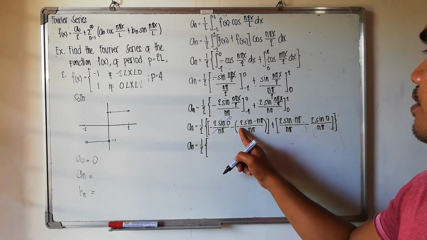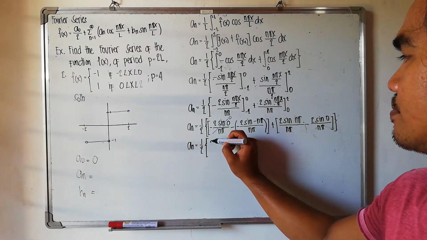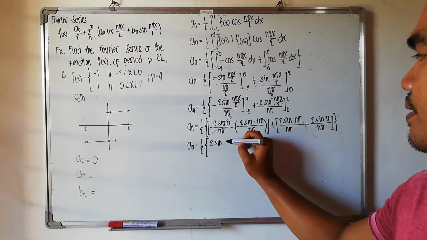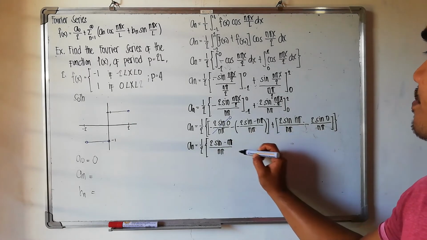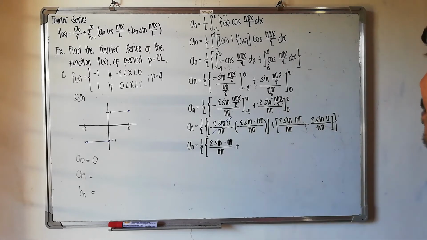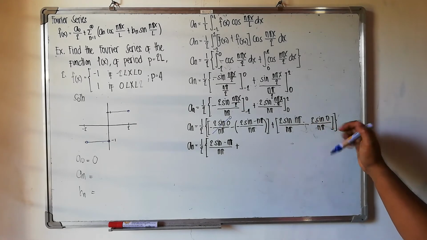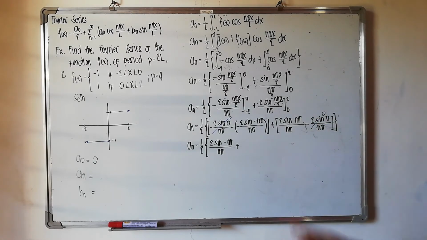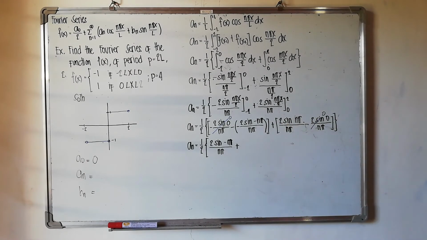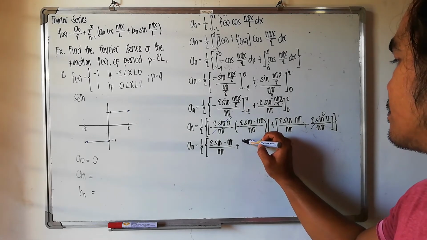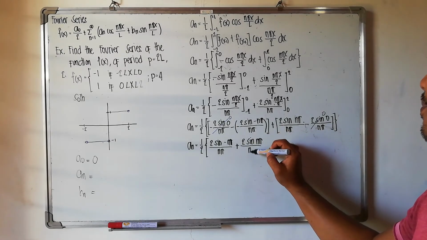The remaining term would be 2 sine negative n pi over n pi plus sine 0, which is equal to 0. So this will be 2 sine n pi over n pi.